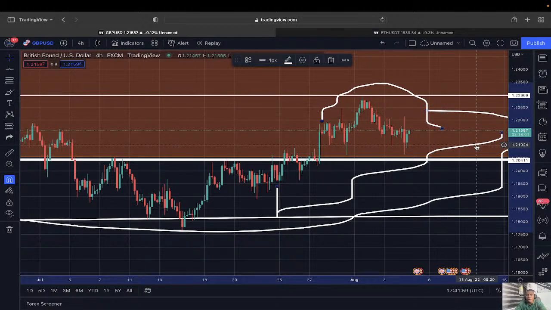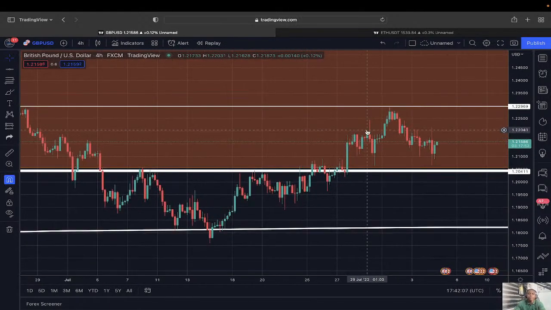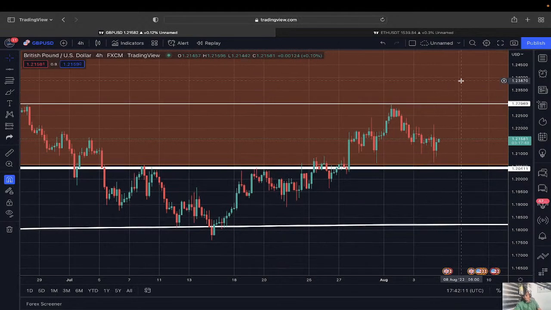And I will tell you what to do. It looks like price wants to break out of this minor resistance zone, but price would most likely break down of this key support level. What do you want to do?